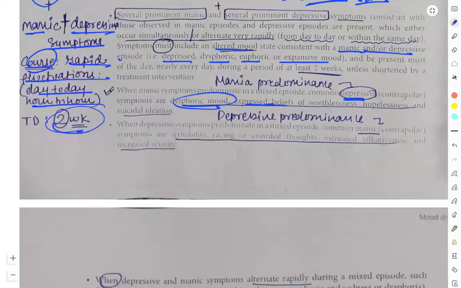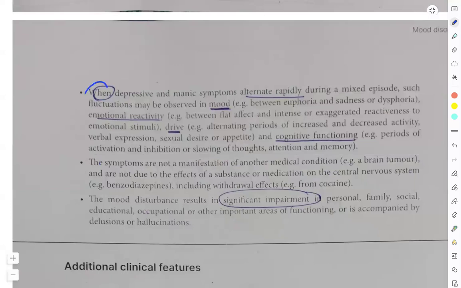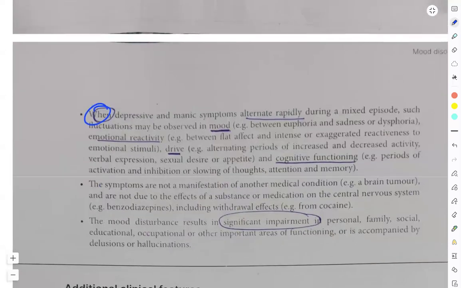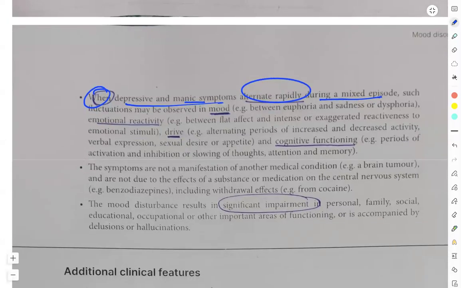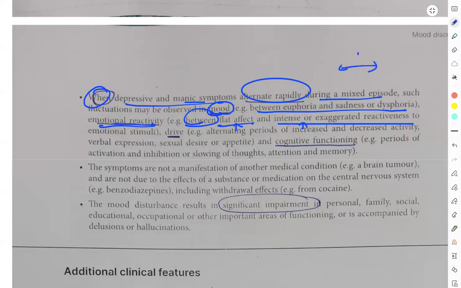Now, it also says that when depressive and manic symptoms alternate rapidly during a mixed episode, such a fluctuation may be observed in mood. Example between euphoria and sadness, or dysphoria, and emotional reactivity. Example, the patient may present with flat affect or even intense or exaggerated reactiveness, and they may even fluctuate between hours.